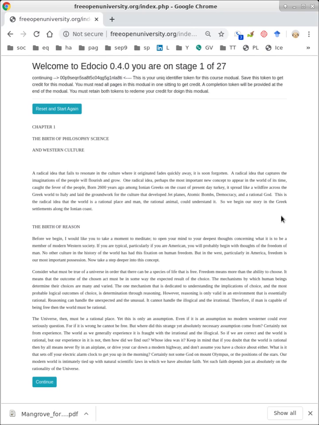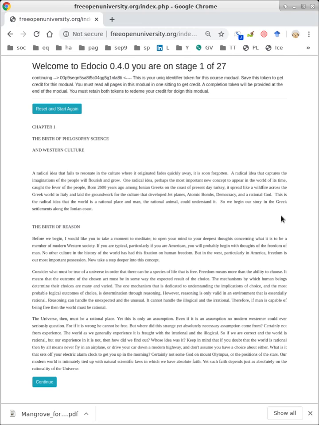I have a number of cheating detections on here that make it extremely difficult. The easiest way to complete an Edocio is to actually read the book, to actually read the page, and not try to fake it or have somebody else go through it for you, because I will talk to you about the Ionian Greeks and present-day Turkey, and you won't know what I'm talking about.